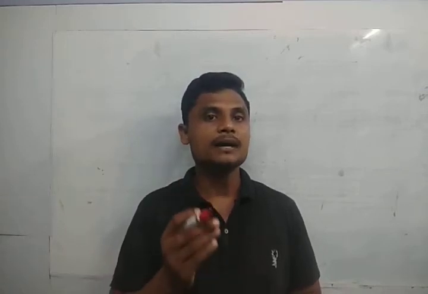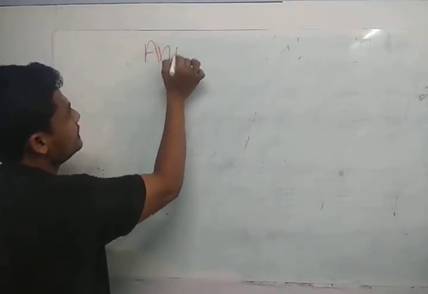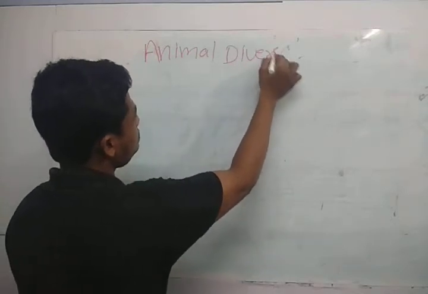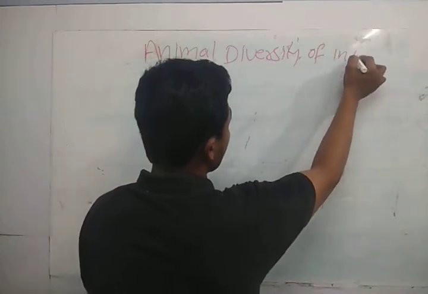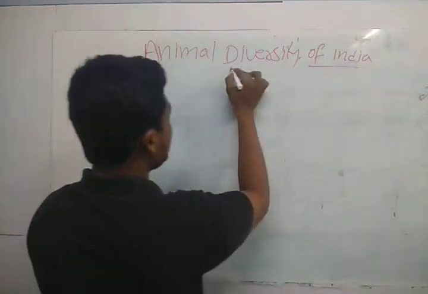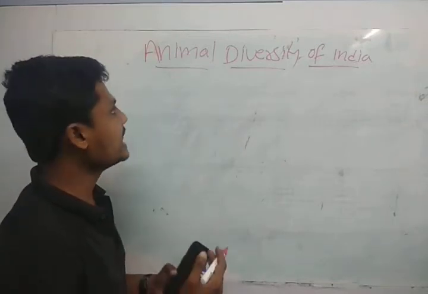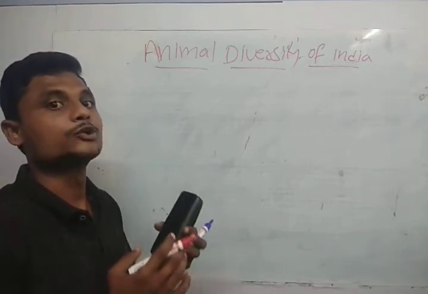So the next topic for our discussion is the animal diversity of India, guys. In this aspect we are going to see the animal diversity and its relation with the environment and with human beings.